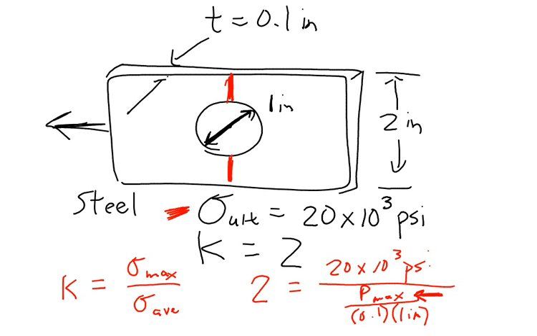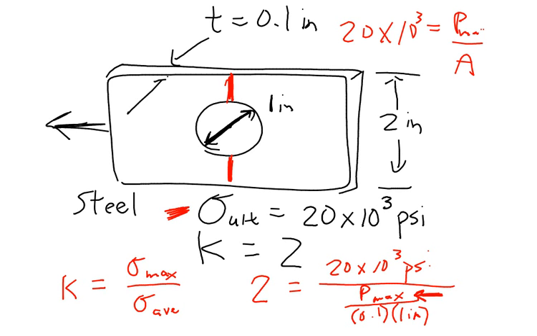Okay, can everybody see that? Now, without a stress concentration factor, how would you solve for P max? You just say 20 times 10 to the third psi is equal to your P max over that area. Okay? So what is the effect of a stress concentration factor?